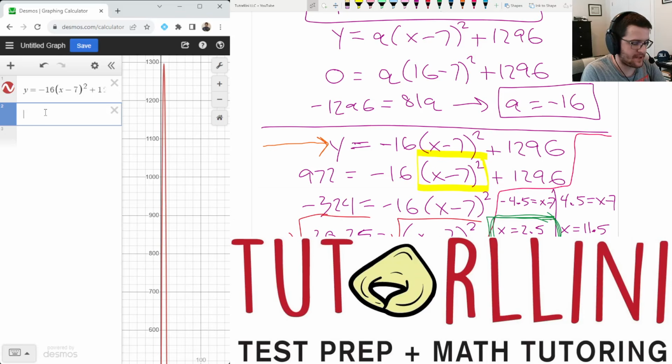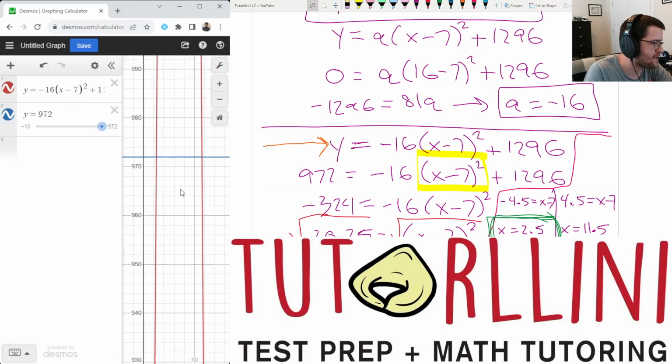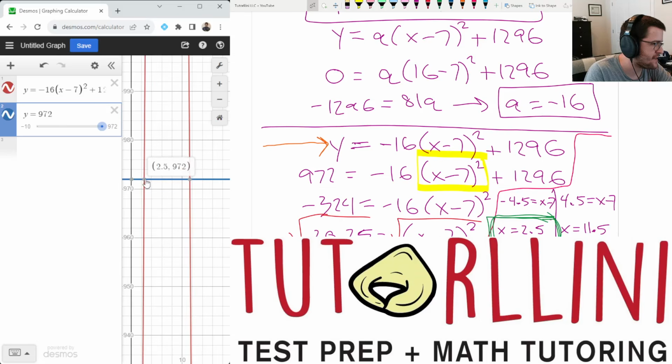And what did I say? 972. And then we can come over here and you can see that it hits it at the beginning first on the way up at 2.5, and then it hits it on the way down at 11.5.